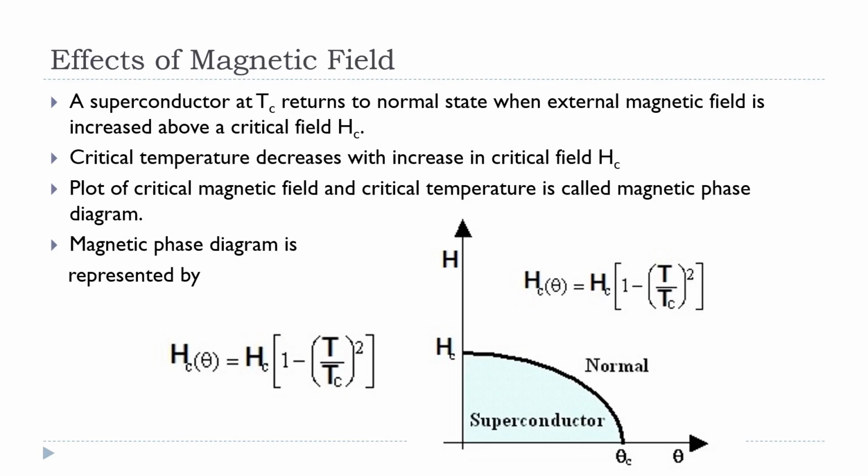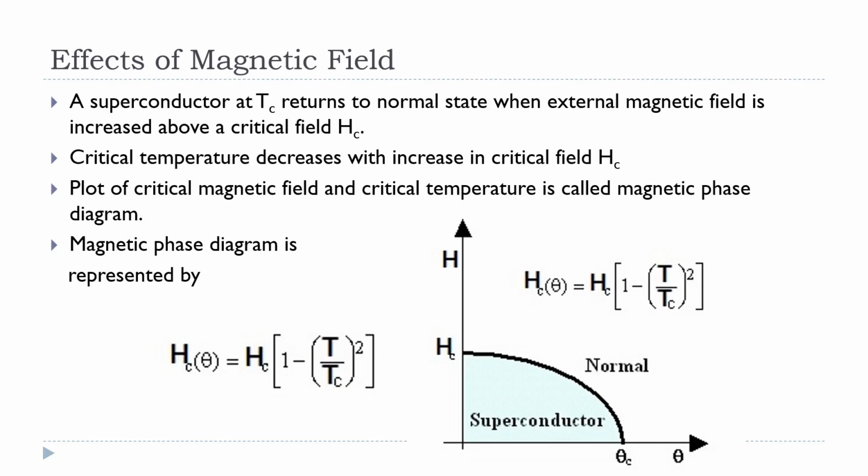So if the superconductor at critical temperature theta c is applied a magnetic field, it becomes the normal state. Again, if its temperature is decreased, it can become a superconductor. Again, if its external field is increased, it can come to the normal state. Again, if its temperature is decreased, it becomes a superconductor.